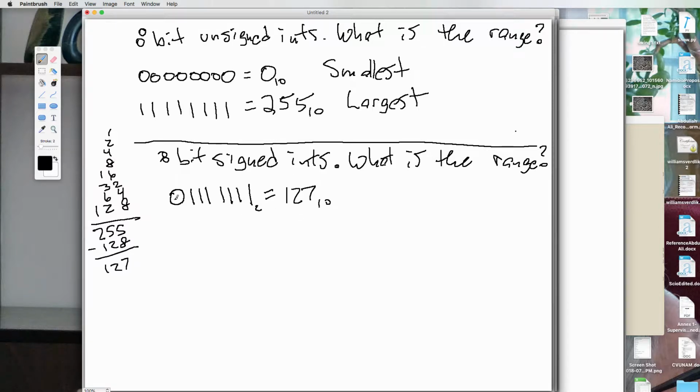Well, let's calculate the 2's complement of this thing right over here. If I calculate the 2's complement of that thing, first I'm going to flip all the bits, and then I'm going to add 1 to it. Huh. Well, it turns out that's equal to minus 127.